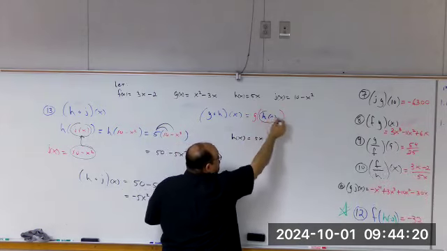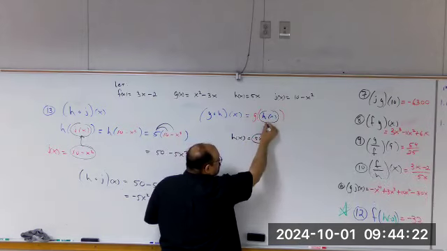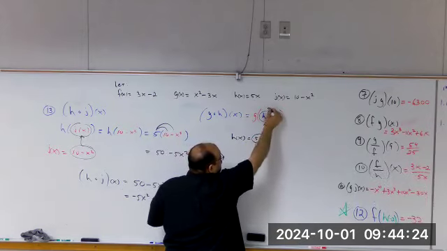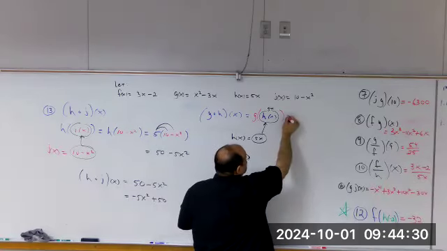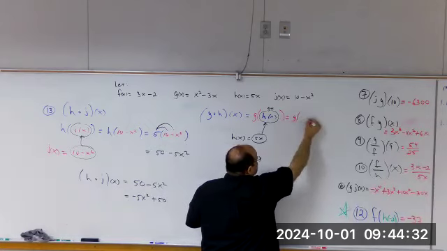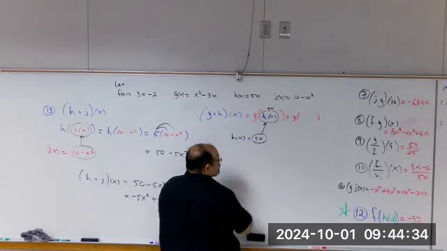So I'm going to replace this with what it equals, 5X. I'll make that substitution and I get G of 5X.